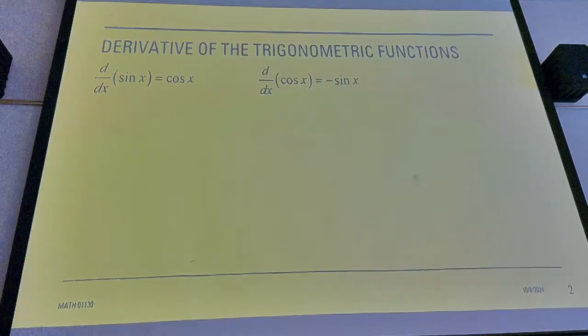And remember, the other 4 trig functions can be written in terms of sines and cosines. That's how the derivative of the remaining 4 are found.